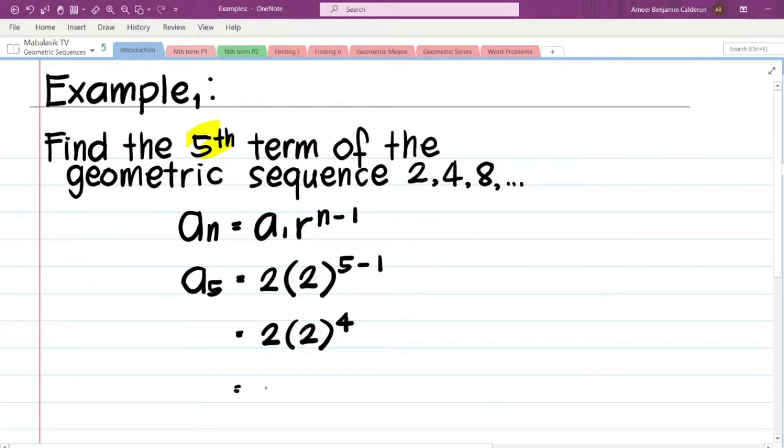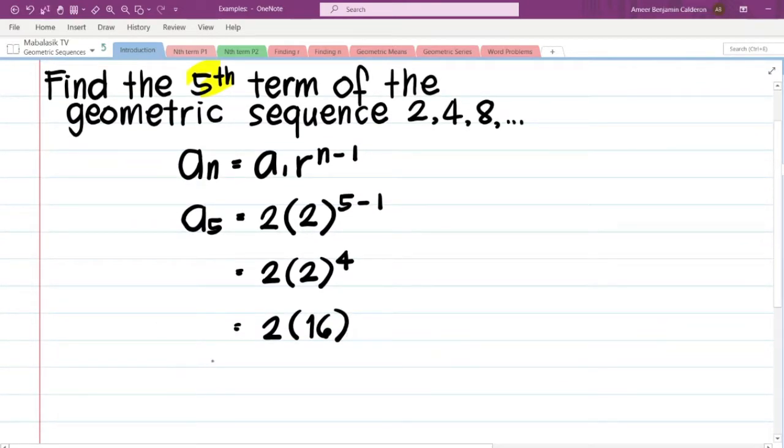So 2 raised to the fourth power is 2 times 2, 4 times 2, 8 times 2, 16. And then we multiply it by 2, and that is our final answer. A sub 5 is equal to 32.